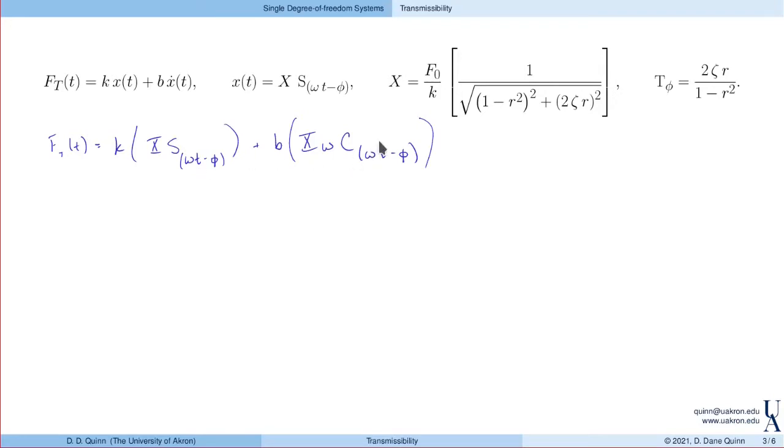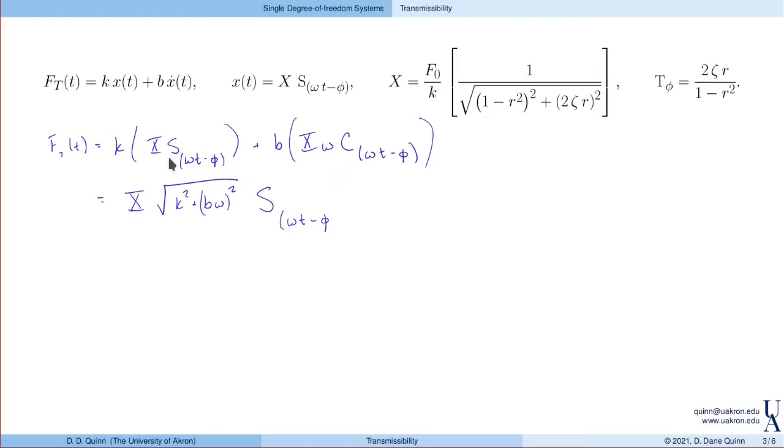We know that we can actually put those together and write that as a single harmonic function with frequency omega and then a different phase shift, right? So here, when we do this, we end up finding that the amplitude is the square root of k squared plus b omega squared. And then I'll write that as a sine function. And so we have the argument of these two, which is sine omega t minus phi.